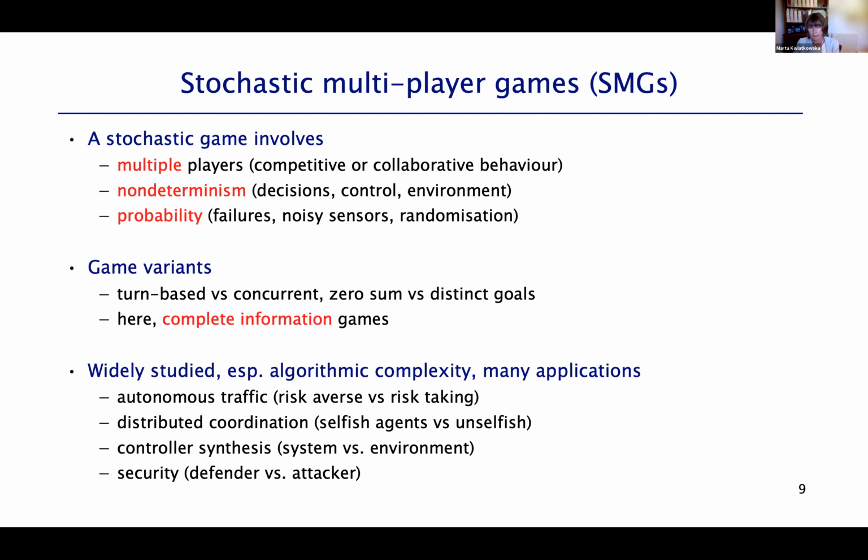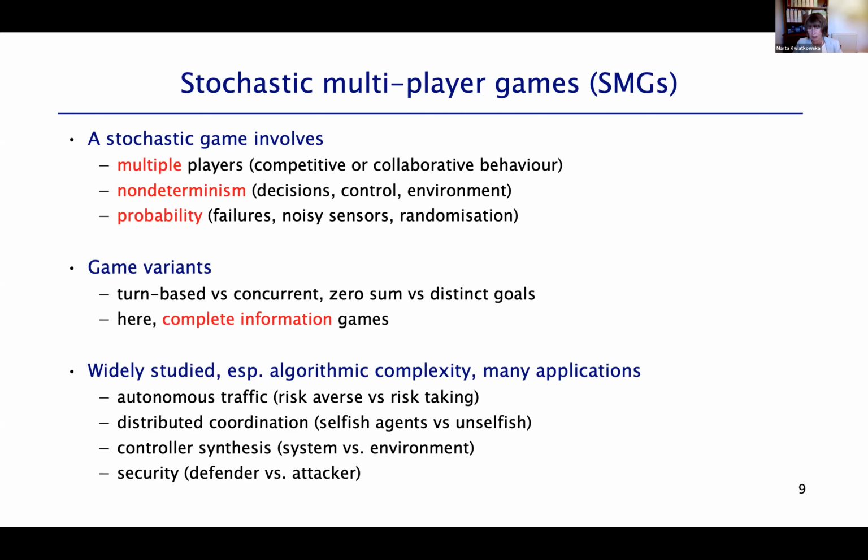Now, within this PRISM-games extension of PRISM, we started with turn-based games and more recently developed a concurrent variant and equilibria-based model checking. These are all for complete information games. Partial information has not been handled yet.